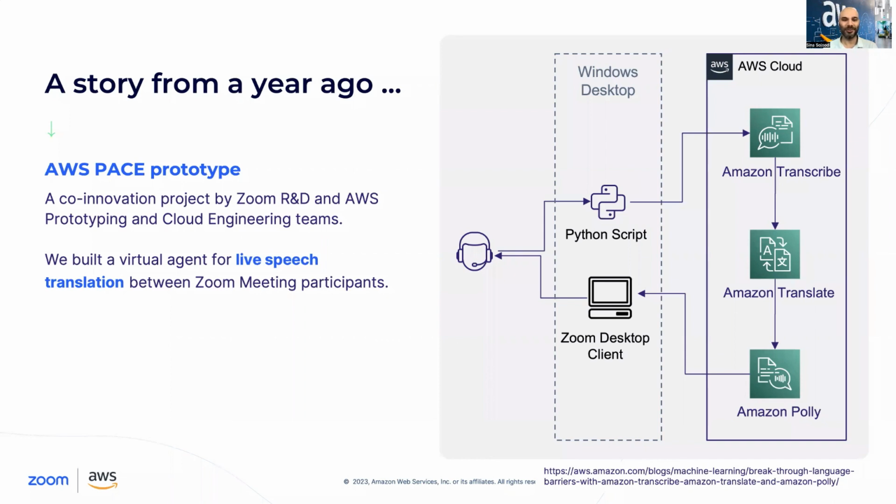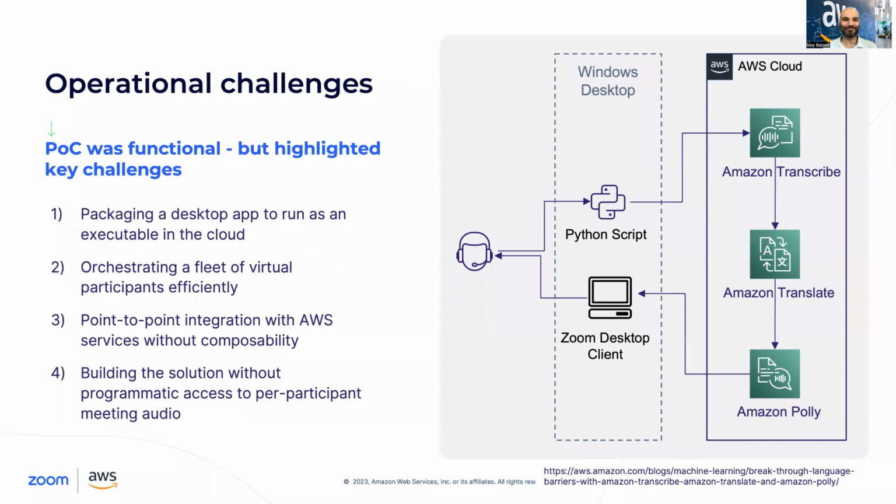Pipe mixed audio from a Zoom desktop client to Amazon Transcribe for live transcription, stream the transcriptions to Amazon Translate, receive translations from many of the supported languages, and convert the text back to speech using Amazon Polly. The results were impressive. You could listen to the voice of the virtual translator live in Mandarin, while the original speaker spoke English with 1 to 3 seconds delay.